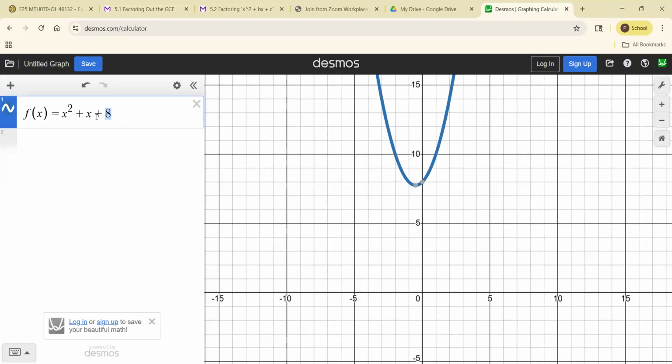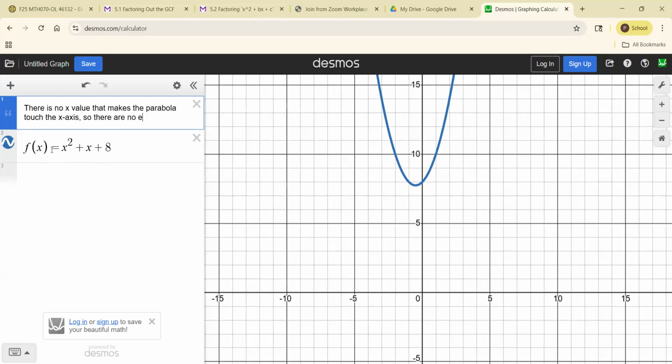That's the y-intercept. But notice it never touches the x-axis. There is no place where this parabola touches the x-axis. There is no x value that makes the parabola touch the x-axis, so there are no x-intercepts.